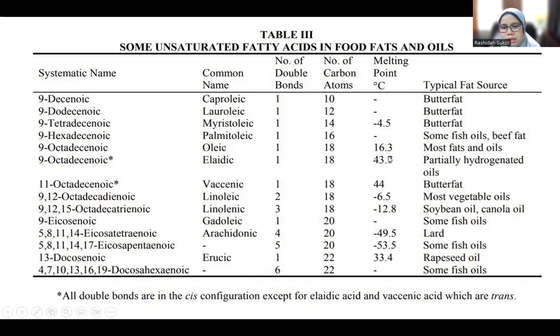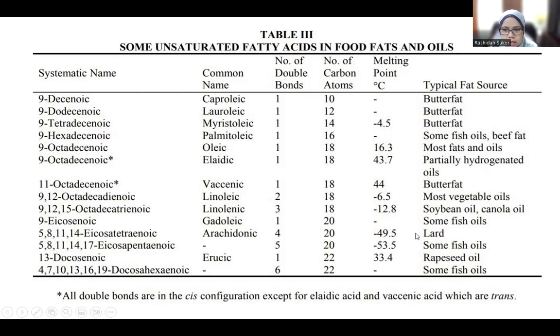Alright, so these are all the melting points. The more saturated, the higher the melting point, and the more unsaturated, the lower. Typical fat sources: this one is in butter fat. Palmitoleic acid 16:1 is mostly in some fish oil and beef fat. This is to see where you can find each type of fat.